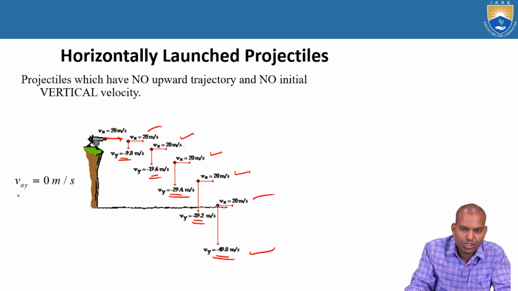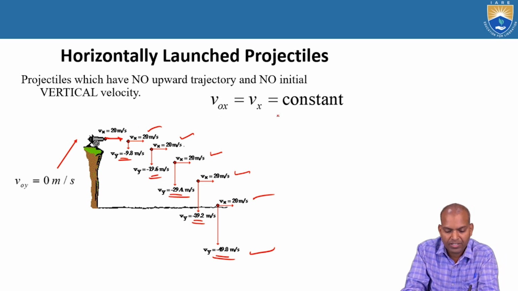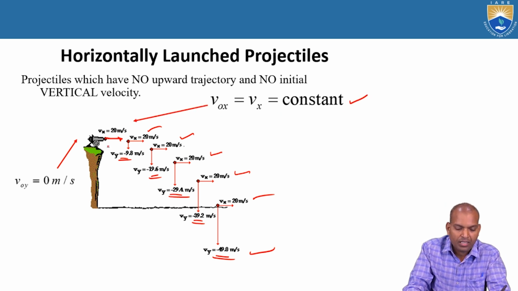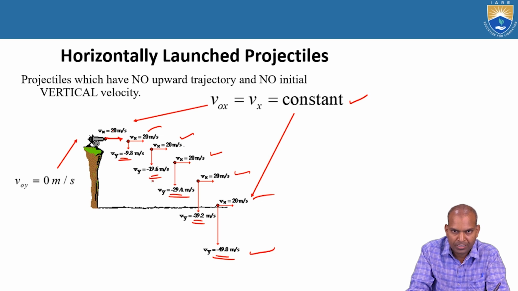Now the initial vertical velocity is 0 meters per second at the initial stage, and Vx remains constant. The 20 meters per second is constant throughout, with no change. But the vertical component is changing.